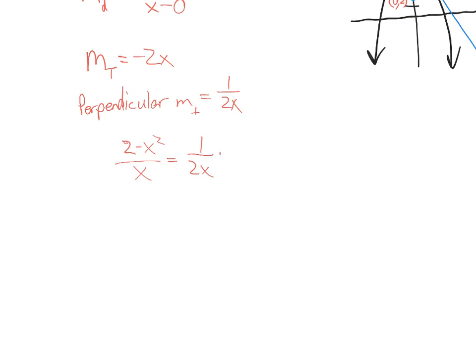Let's just multiply by 2x. So the x's cancel, because I know x can't be 0. Alright. So that gives me 1 equals 4 minus 2x squared. X squared would equal 2, and x would be plus or minus root 2.